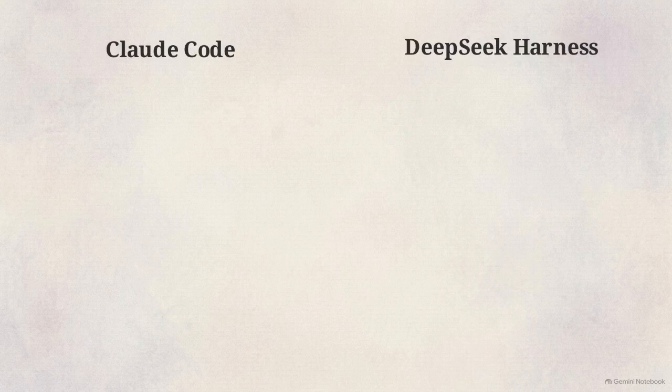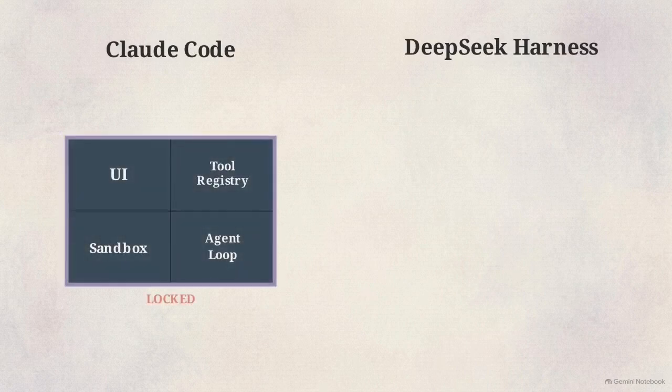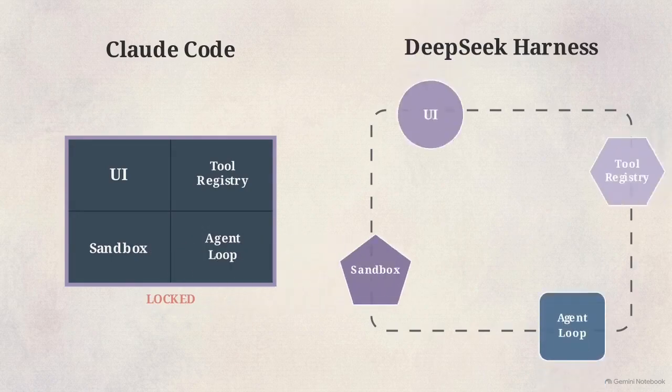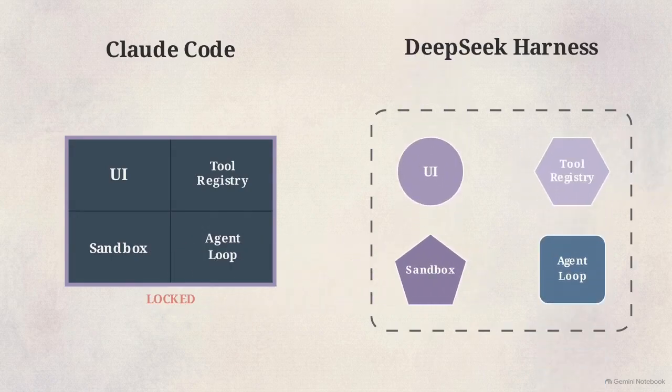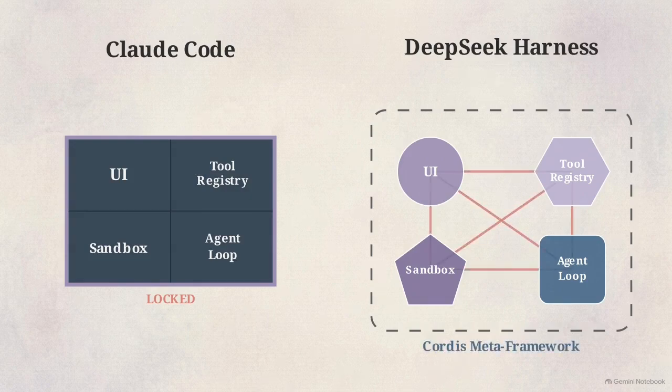This animated diagram breaks down the core difference. Claude Code is a rigid, integrated package. DeepSeek Harness operates on a completely different philosophy. Everything is a plugin. That modularity is powered by an underlying service dependency metaframework called Cortis. Cortis ensures there is no locked or protected center.